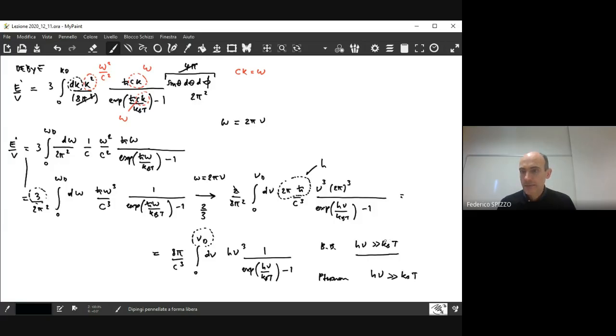That is exactly the same situation where the black body radiation in the classical approach failed to describe the actual results of the experiment. So the deviation from the classical picture is observed in both situations for the same condition. So when the typical energy of the oscillation that you consider in the system, in the black body case, you have electromagnetic waves.